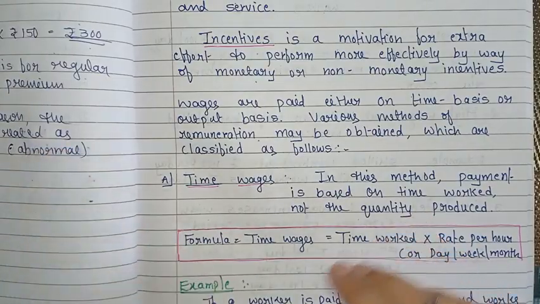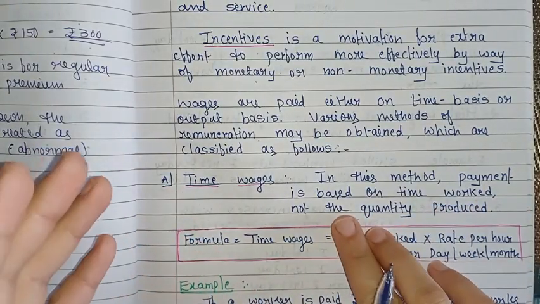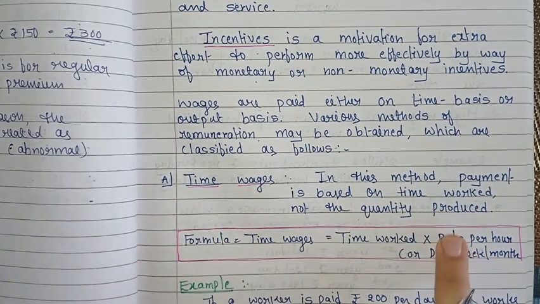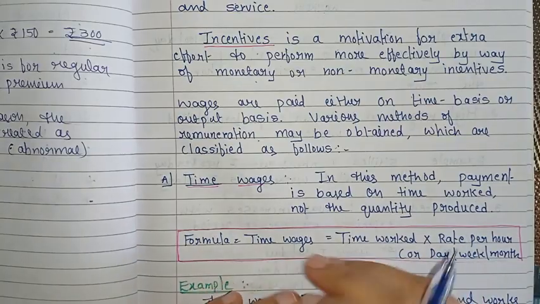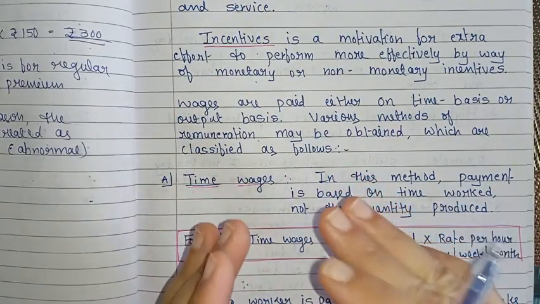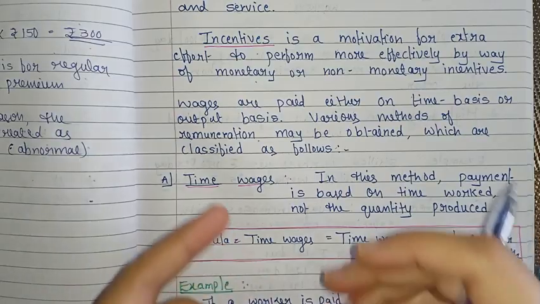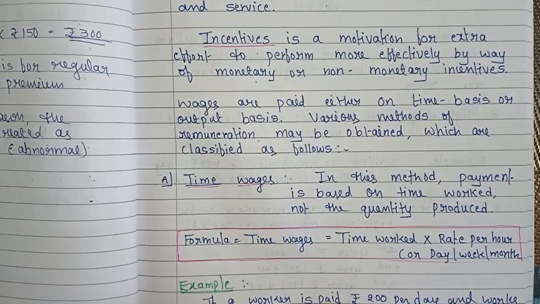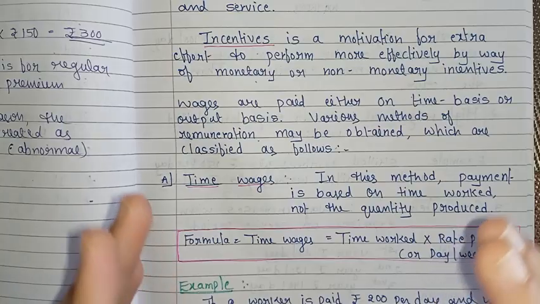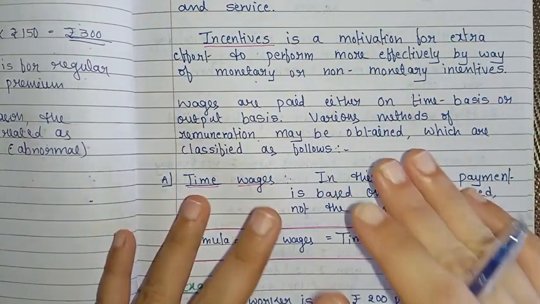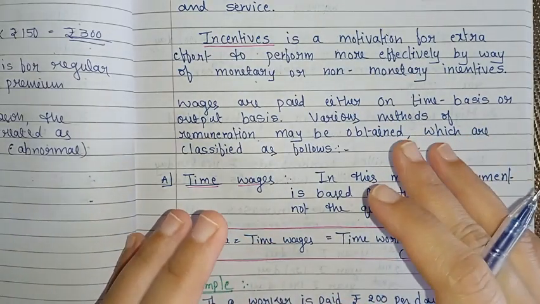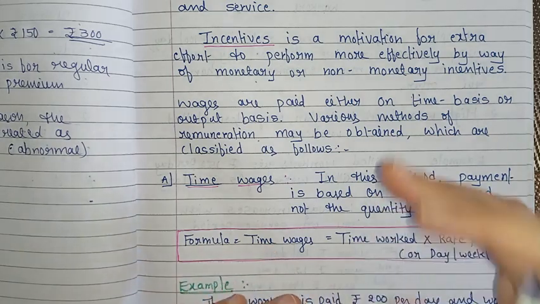In the time wage system, payment is made based on the time an employee spends working, such as per hour, per day, per week or per month. But regardless of how much output is produced, here we are not going to consider the output. We consider only the time an employee spends working.